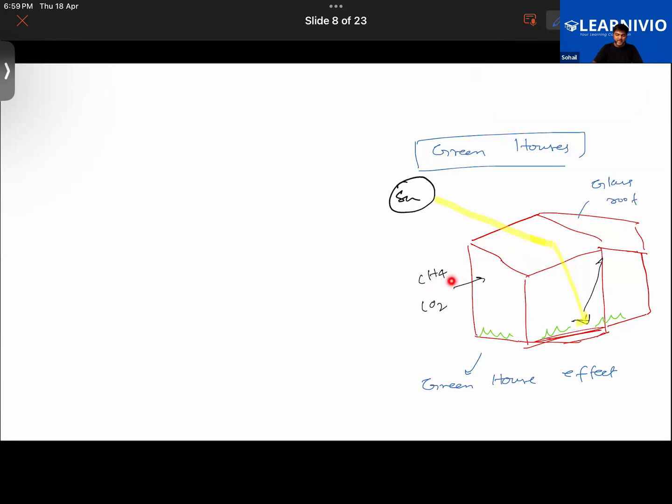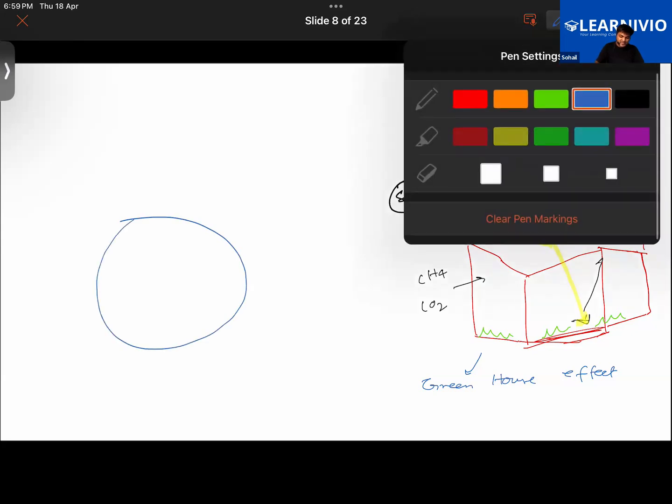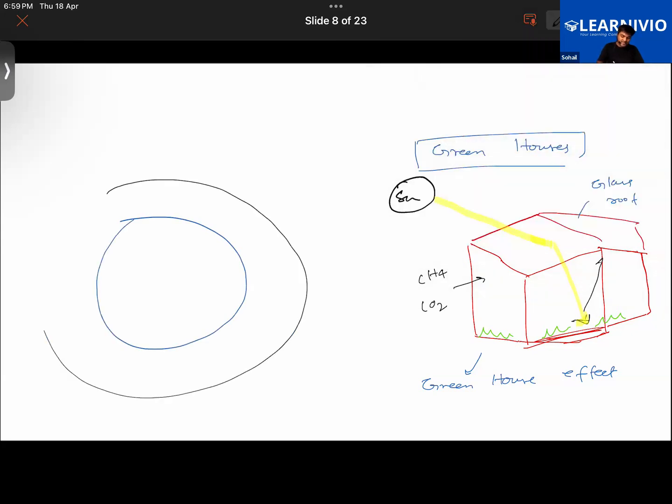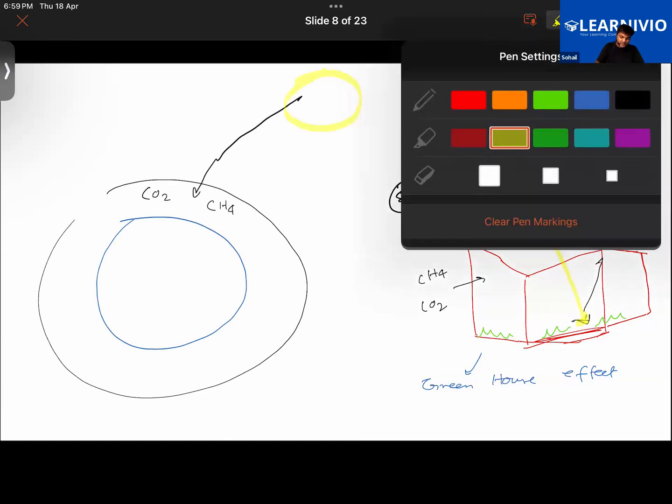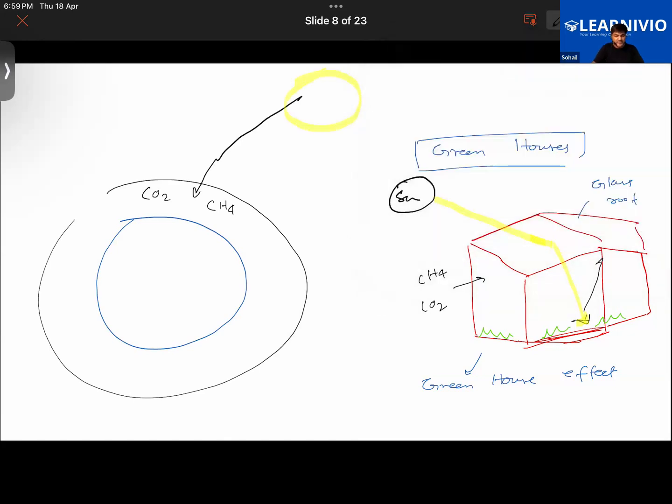You put some gases inside it to improve its efficiency. Considering our Earth, something similar is happening here also. Gases like carbon dioxide and methane trap the sun's light and do not allow much of it to escape back into space. Hence, it increases the overall temperature of the Earth, and that is again called the greenhouse effect.